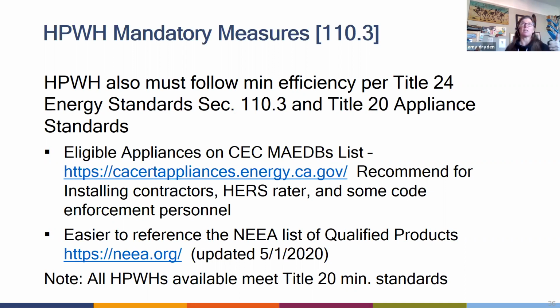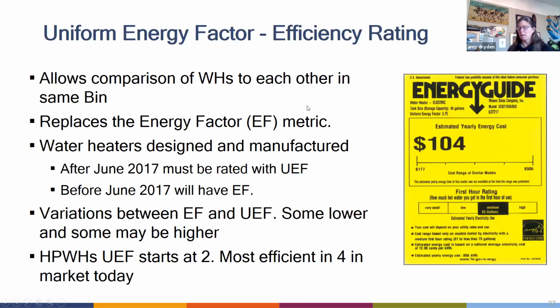One, allow easier selection by consumers: oh, this is rated at tier 3, this is what I know I'm getting. And also support references with programs or code. And we'll talk about how our energy code now references NEEA tier 3 heat pump water heaters.